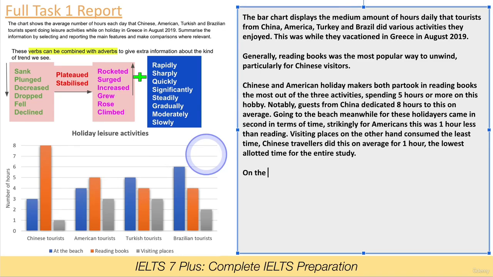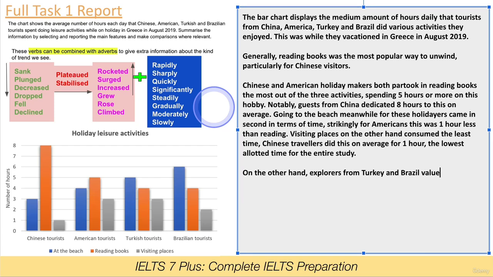On the other hand, explorers from Turkey and Brazil valued being at the beach the most.